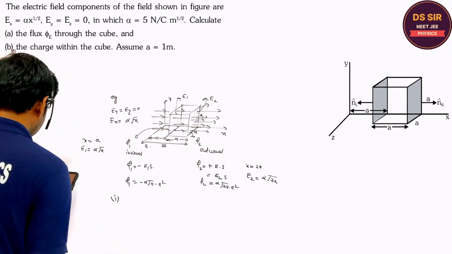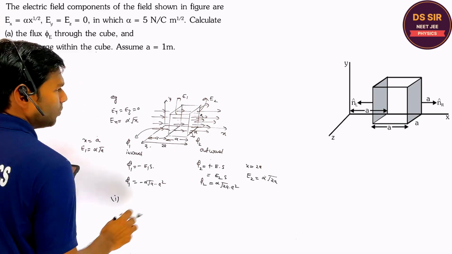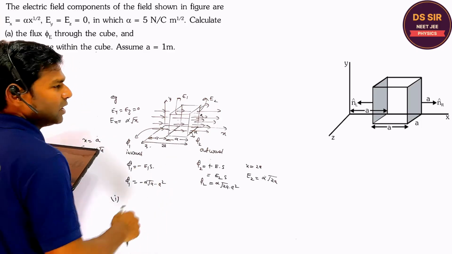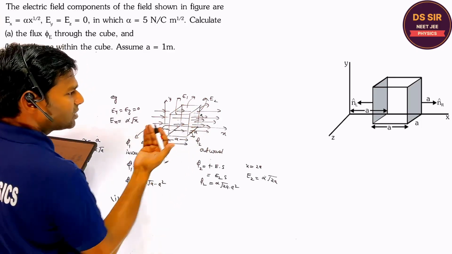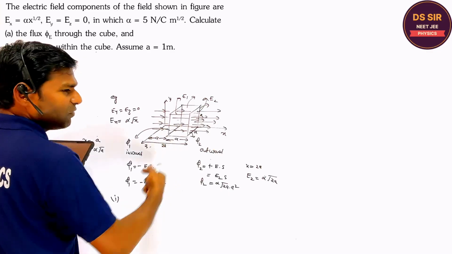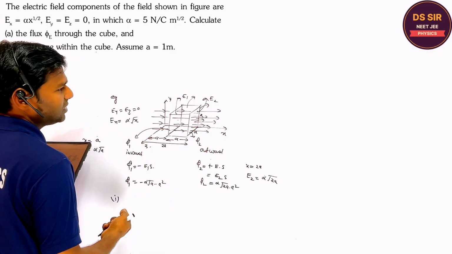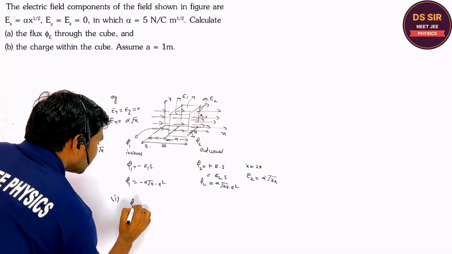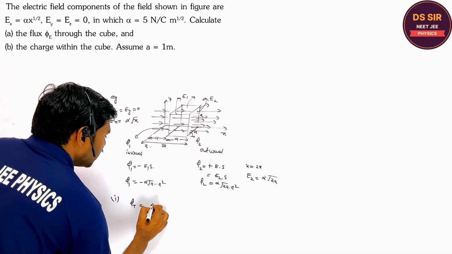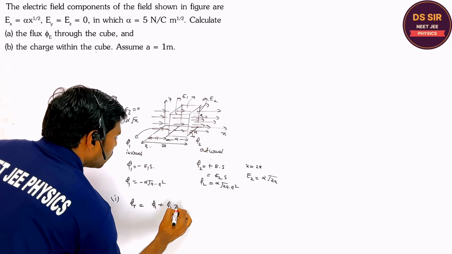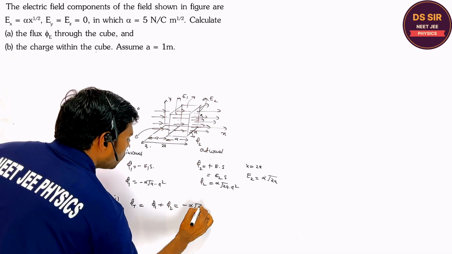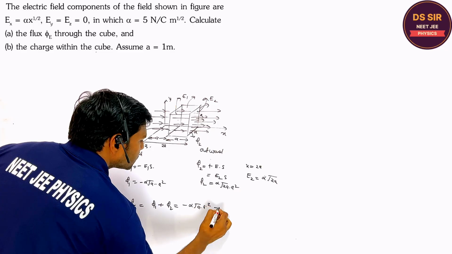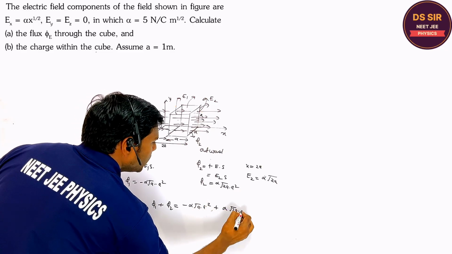So the first question, the flux through the cube. Listen to one thing: there will be 4 other faces, and the flux linked with the faces other than the first and the second is 0. So the total flux is the inward flux plus the outward flux: minus alpha root a into a square, plus alpha root 2a into a square.